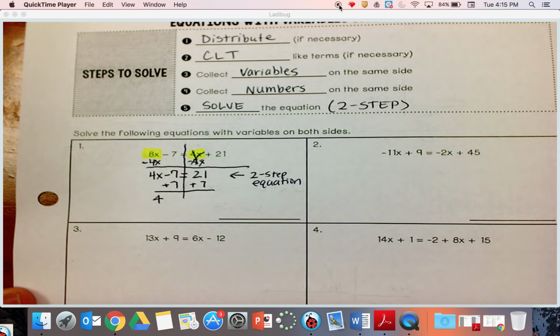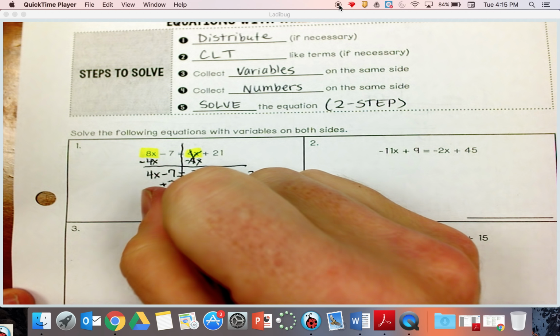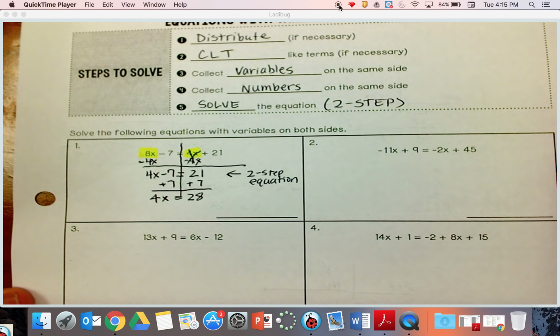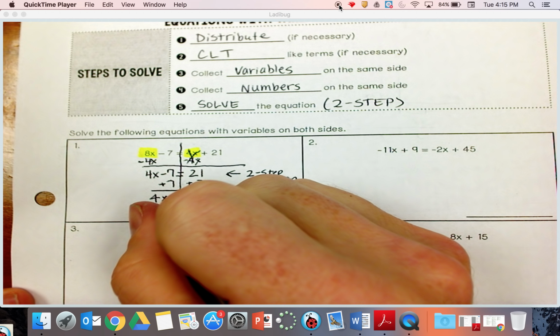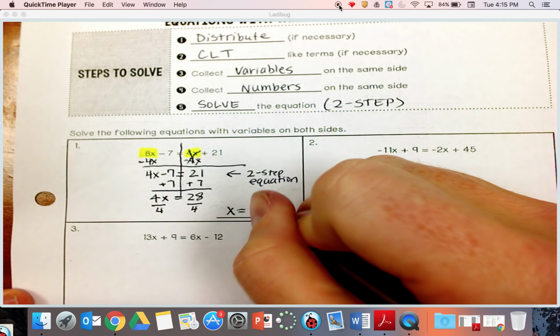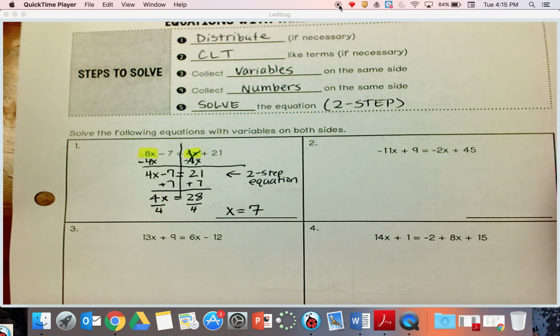So I have 4x left on my variable side, and I have a 28 on my number side. Last step is just to divide by 4. And when I divide 28 by 4, I find my answer to be 7. So that is basically all I need to do.